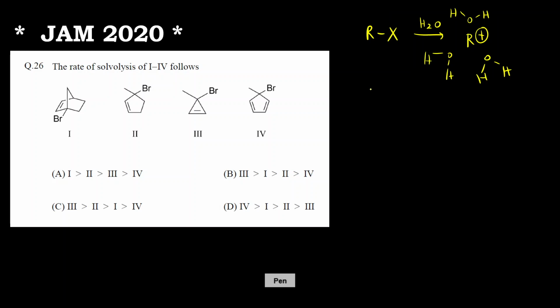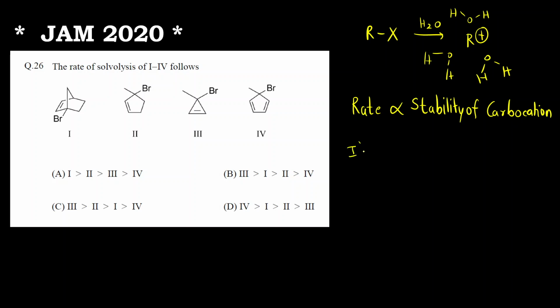So what we have to do is find out the rate of solvolysis. The rate of solvolysis is directly proportional to the stability of the carbocation. So for all the molecules we have to draw the carbocation and check its stability. First one, I will straight away draw the carbocation.